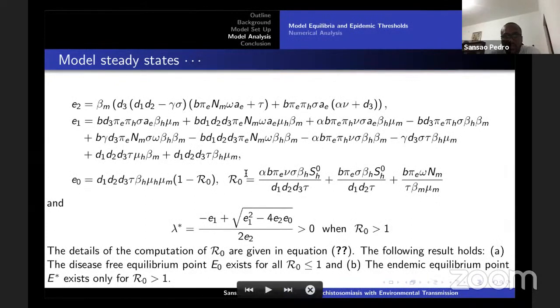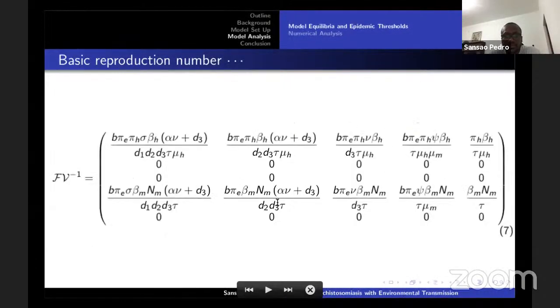The only thing we have to understand is that it will be R naught squared given by this, which means that the R naught you obtain from here is not specific to a particular type of infective. As you can see, in our system we have infection from the non-mammalian host, infection from Cercaria, and infection from humans.